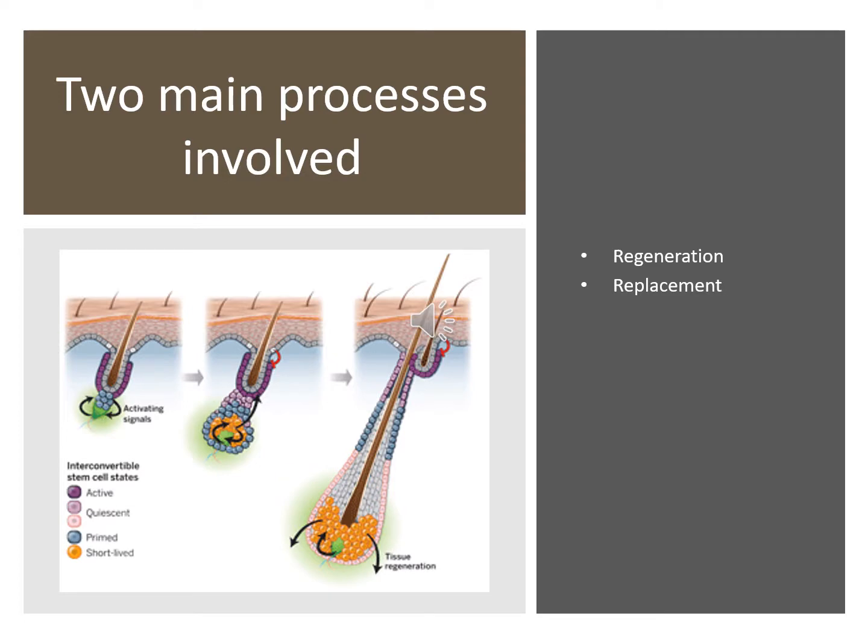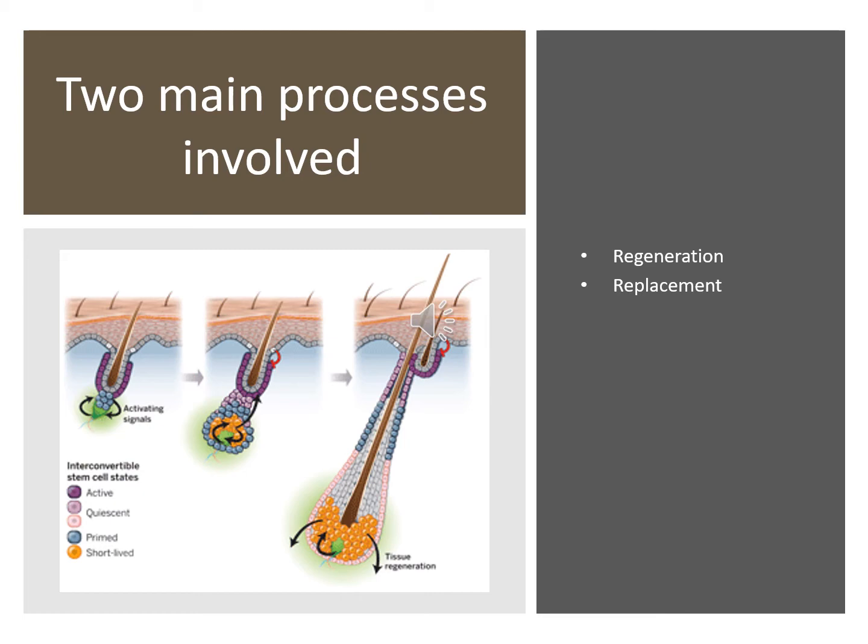This is happening. There's two main processes. So by the end of our tissue renewal or regeneration, we end up with either our tissue or our cells being regenerated. So therefore the architectural structure of that tissue has been repaired, hopefully back to normal, or it could be that we need to replace a particular amount of epithelial tissue, for example.